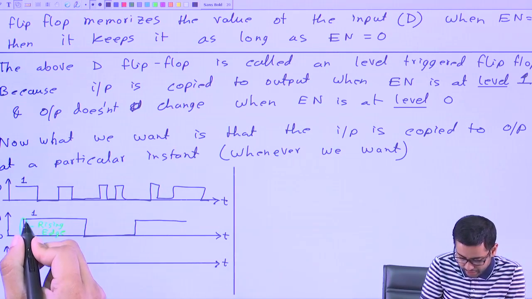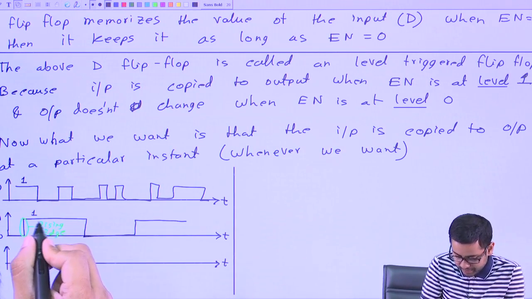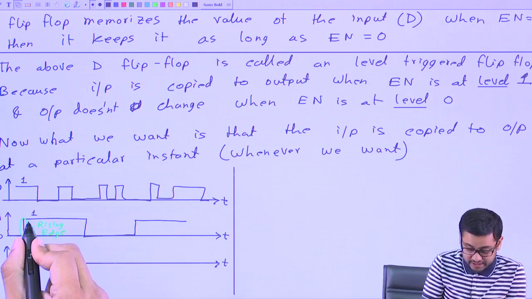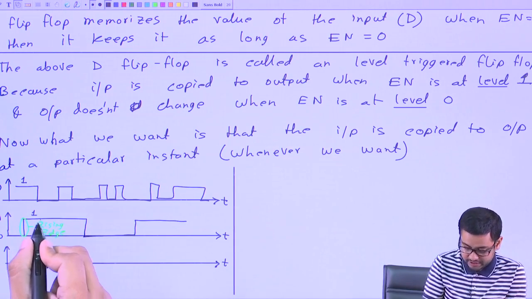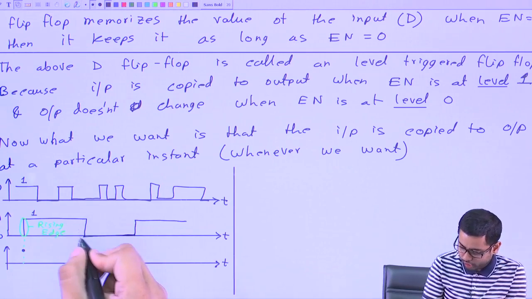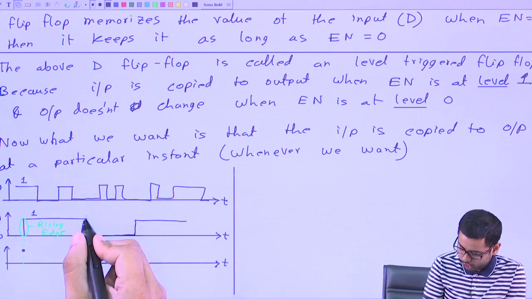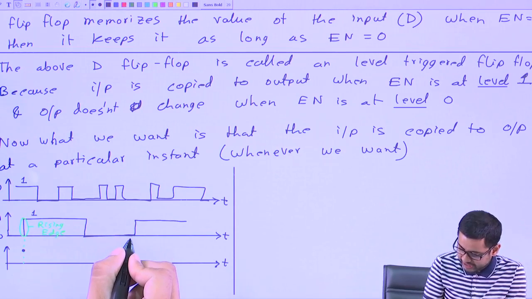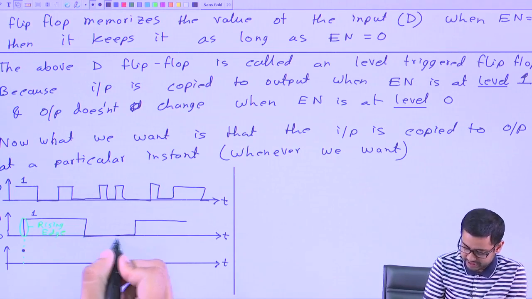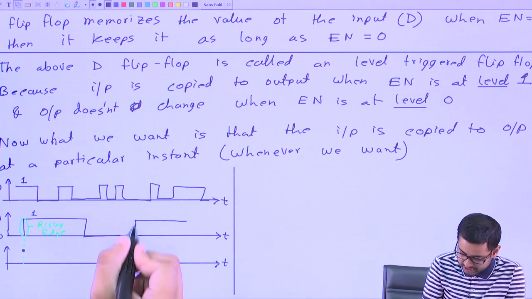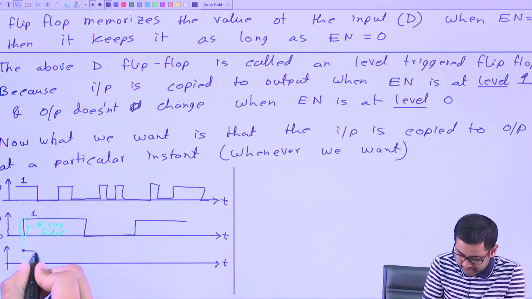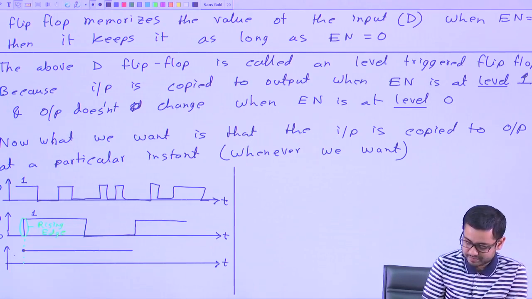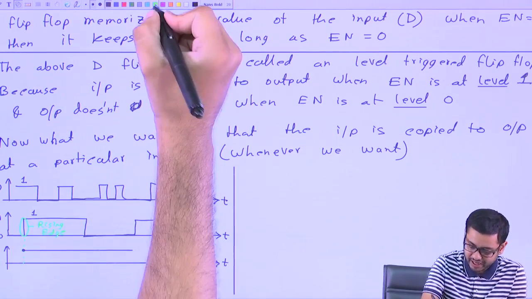And then after that the enable signal is constant, so we want the output not to change. Here there is a falling edge, we want the output not to change even during the falling edge. Then this is again constant, we want output not to change. So, from here to here the output will remain unchanged at the value of 1. And again we have here a rising edge.